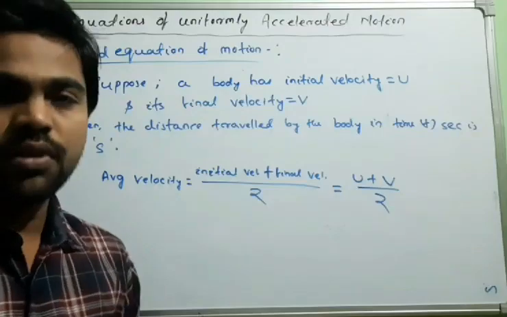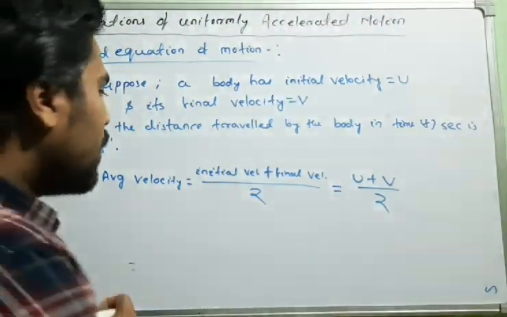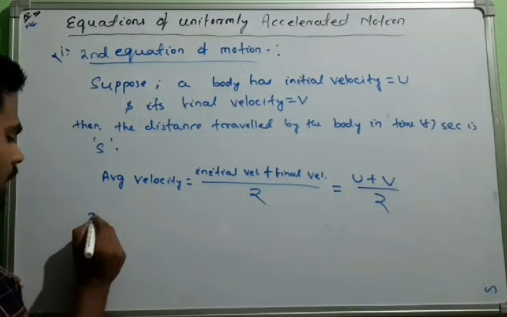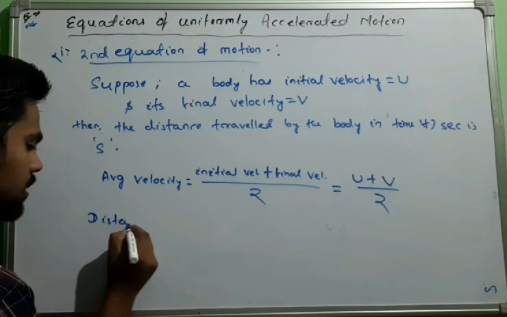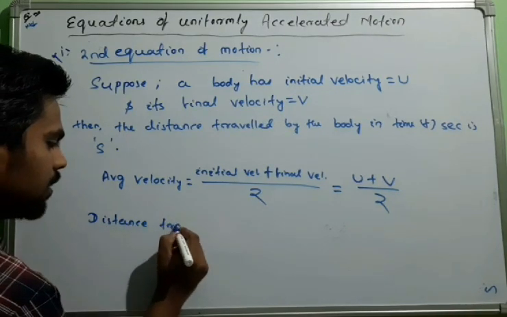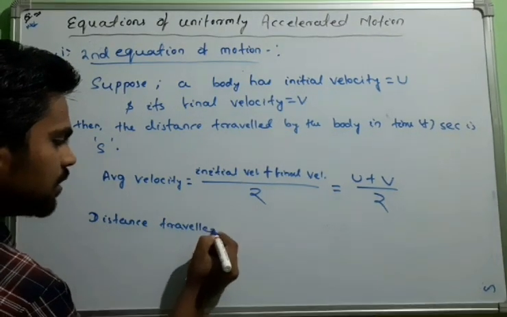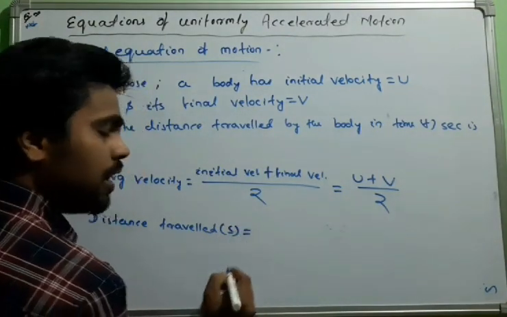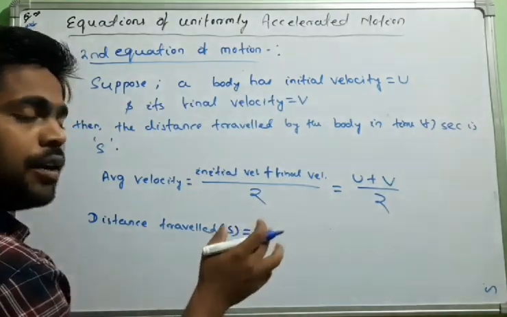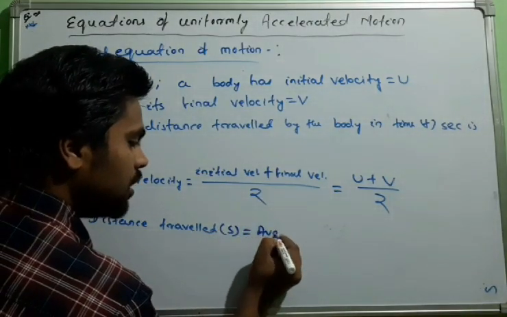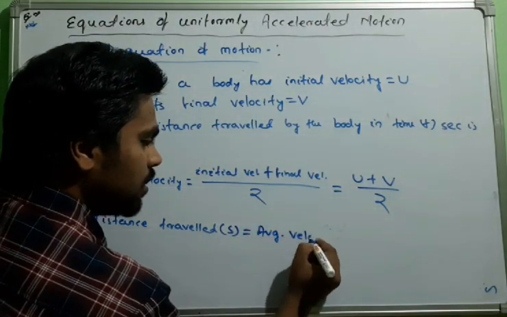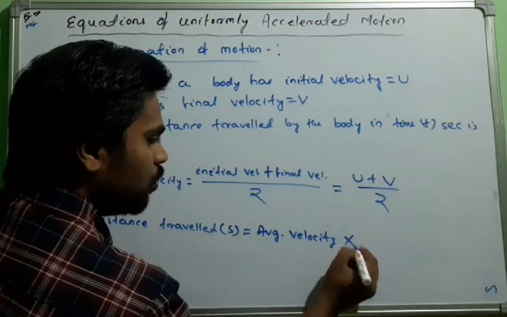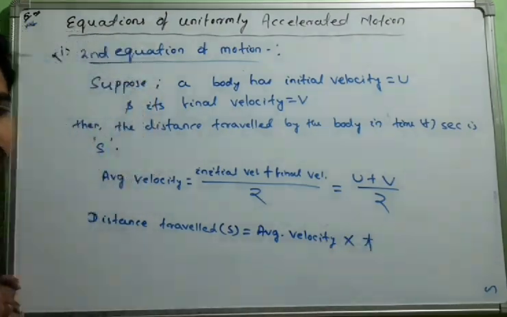That is called average velocity. Then you already know distance traveled, denoted as S, is equal to V into T, that is average velocity into time T. Clear or not?